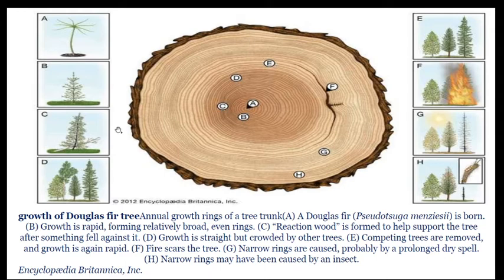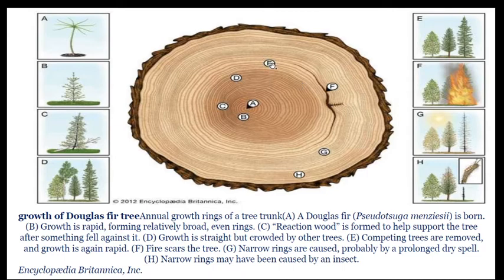This diagram shows the development of new branches. Then D is growth which is straight but crowded by other trees, meaning many more trees developed around that tree, so it is crowded by the other trees.